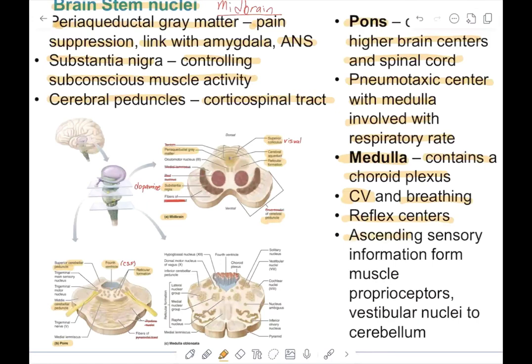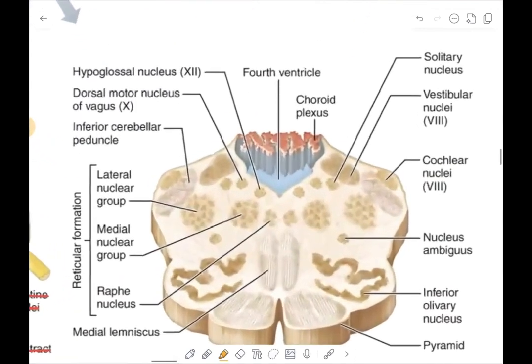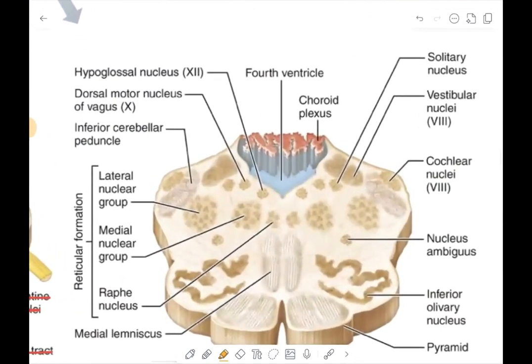There's also ascending sensory information from muscle proprioceptors, as well as vestibular nuclei to the cerebellum, that goes through it. So it has various other centers as well, which is very cool.